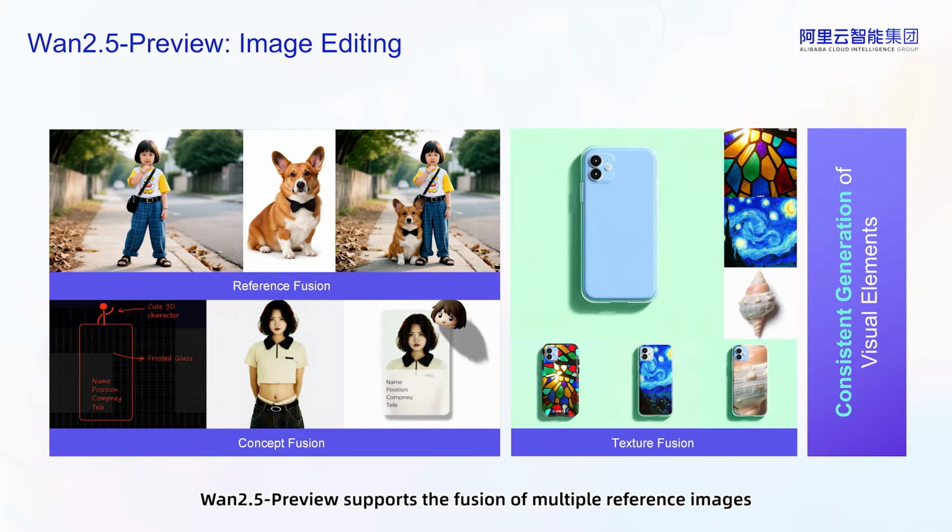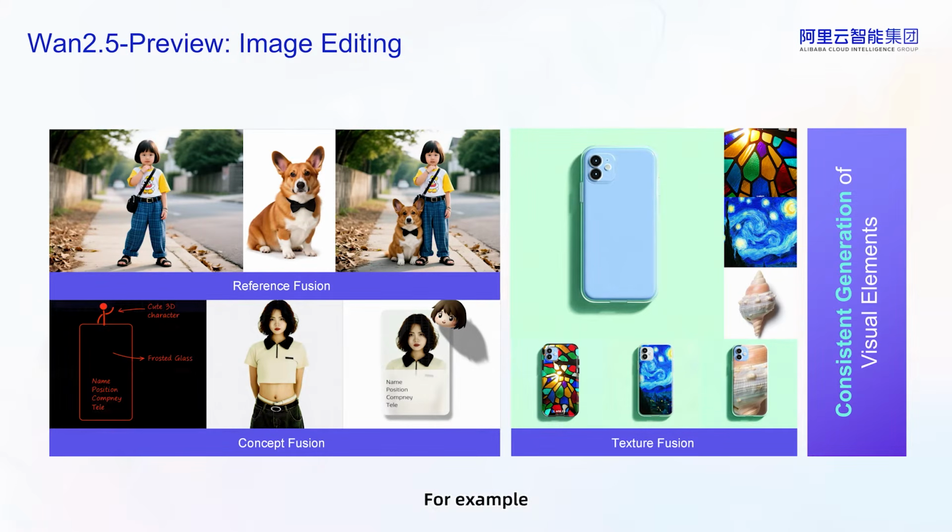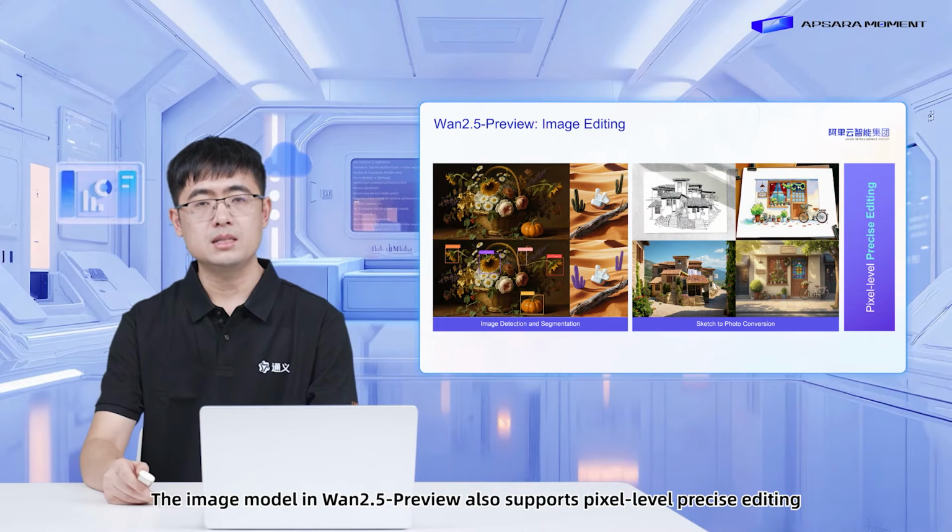Additionally, Wan2.5 Preview supports the fusion of multiple reference images. For example, the fusion of a little girl and a pet in the upper left corner enables cross-time group photos. It also supports multi-texture fusion and multi-concept fusion, providing users with more creative inspiration. The image model in Wan2.5 Preview also supports pixel-level precise editing.